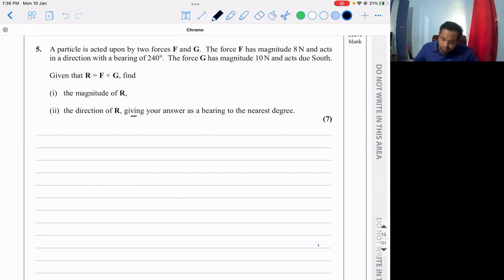Okay, fine. So in this question, first of all, we have to draw a schematic sketch. This is our north and south direction. This is north.